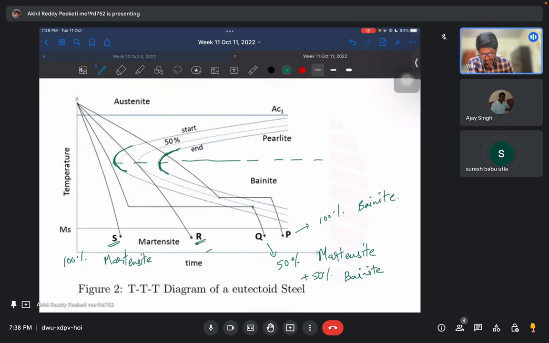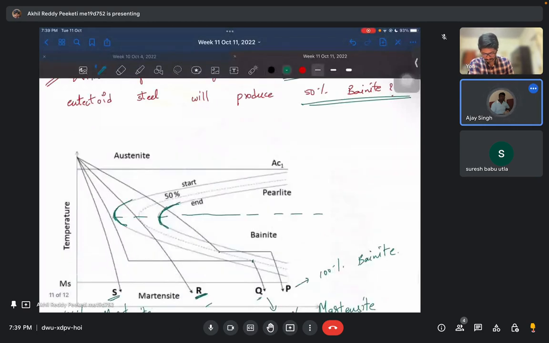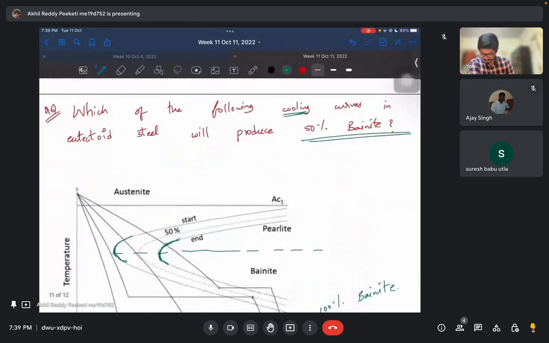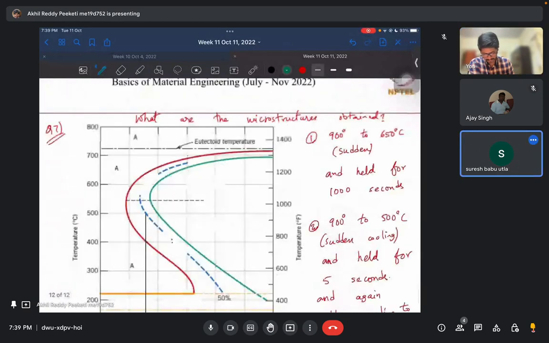So this should have some bainite, I am thinking, because it's not very fast cooling. Yes. But because the question is 50% bainite, only Q would give for sure 50% bainite. So let's move to the next question.